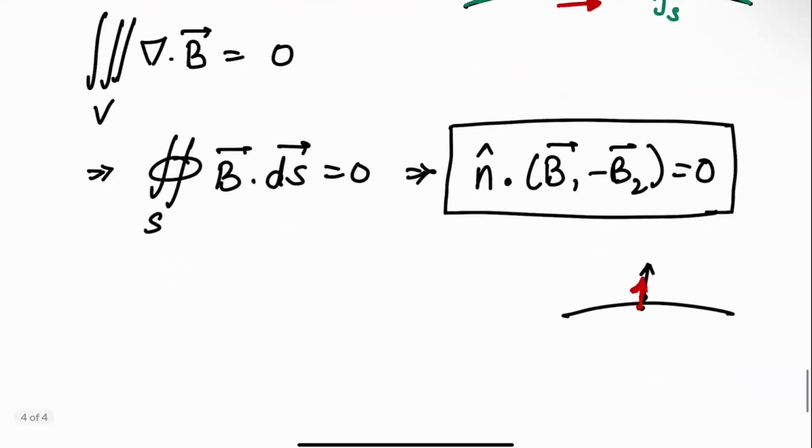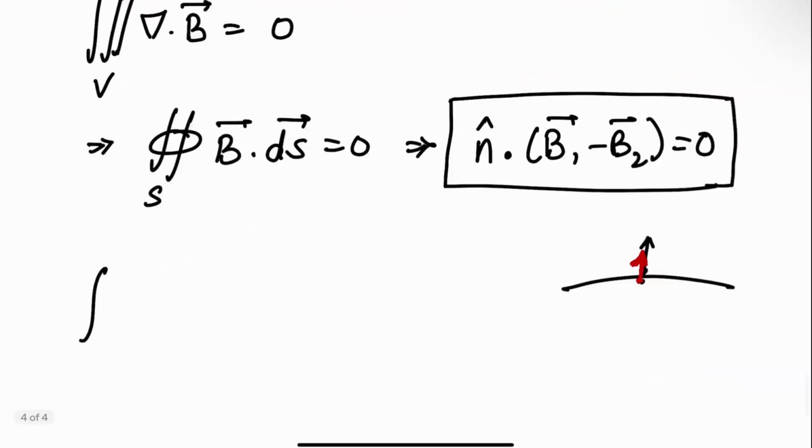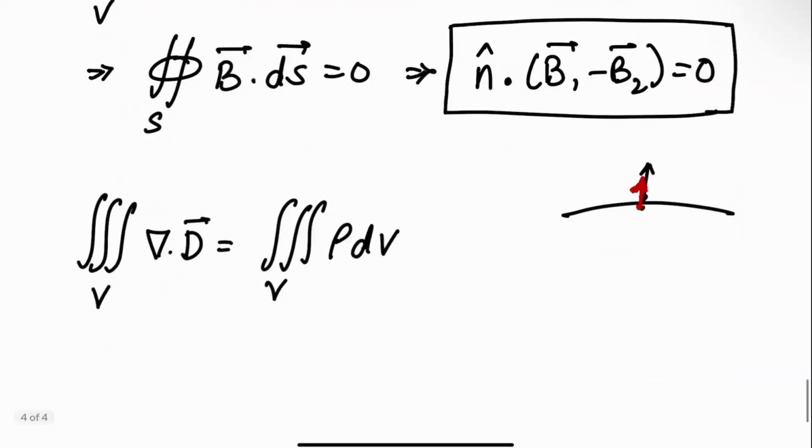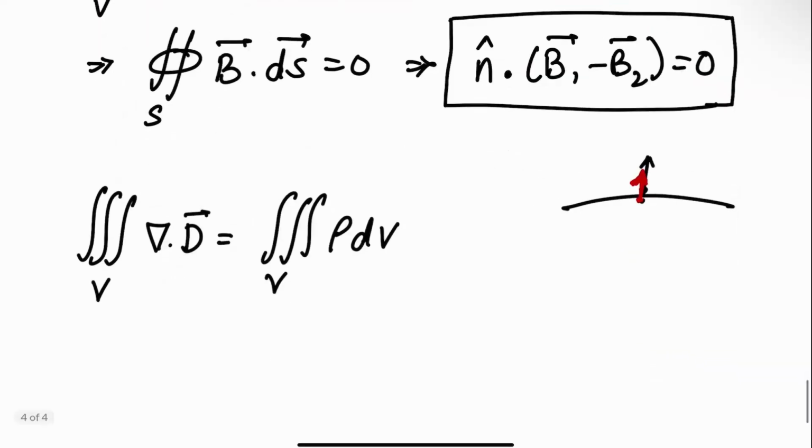And again, similarly, we have the volume integral of the divergence of D, which is nothing but the volume integral of rho dV. And again, rho can become singular at the surface.